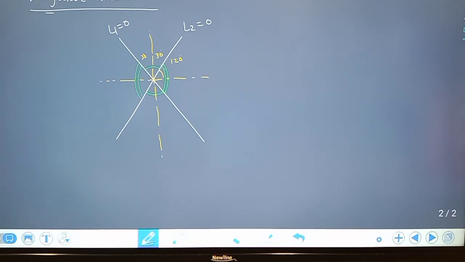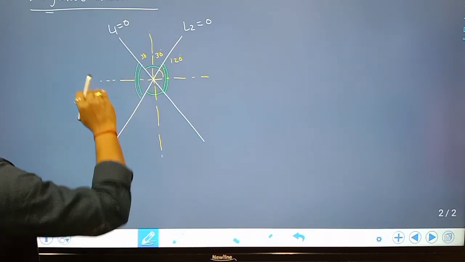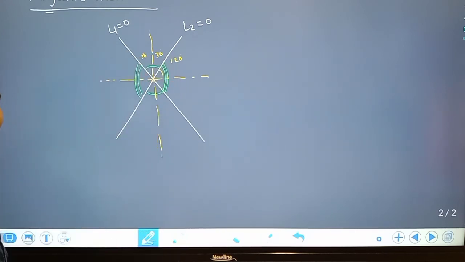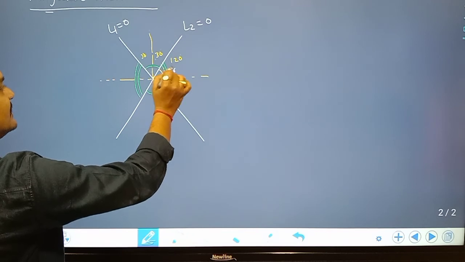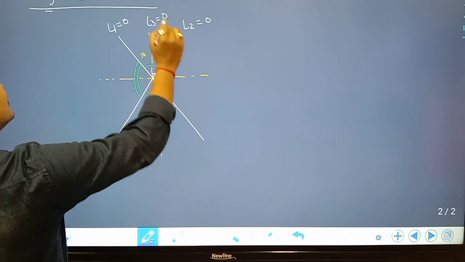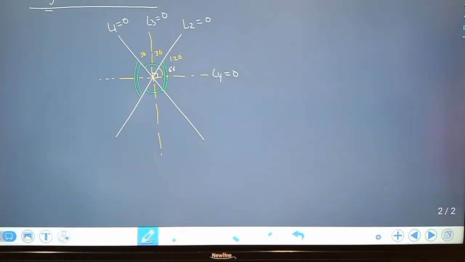Here, if the angle is 60, it can be divided into 30, 30. If one angle is 60, in the parallel lines the other angle is 120, so it can be divided into 60, 60. So this is 30, this is 60, so totally this angle is 90. So compulsorily these two are perpendicular. So the angular bisectors are always perpendicular to each other.